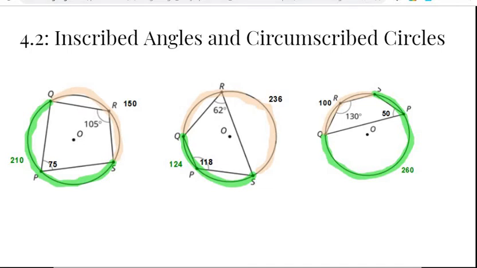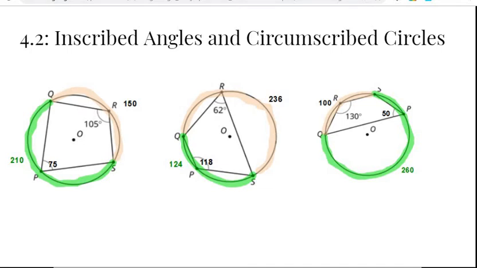We say the arc is intercepted by the inscribed angle, and that arc is always twice the measure of its inscribed angle. So the arc is bigger measure-wise than the angle, and for the first one here, that arc is 210 degrees.